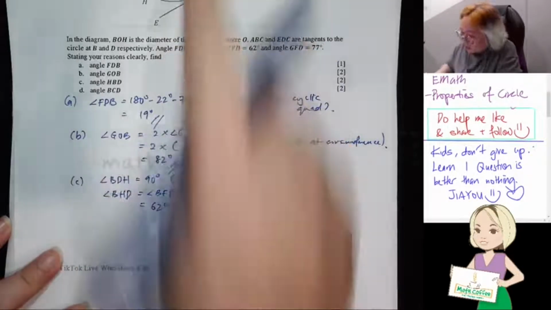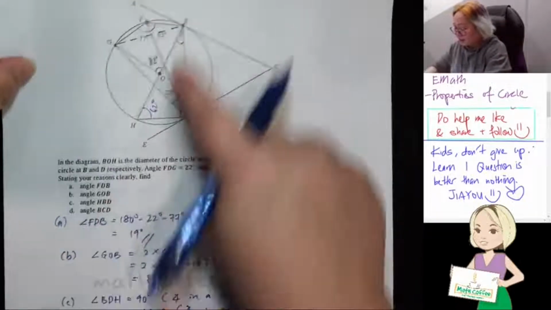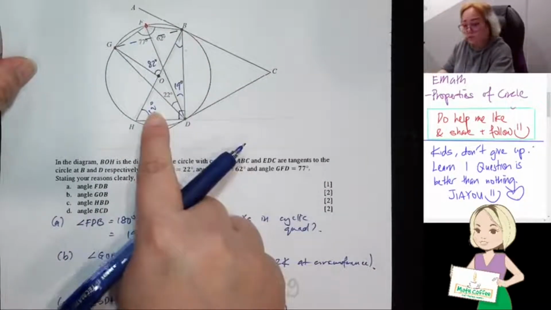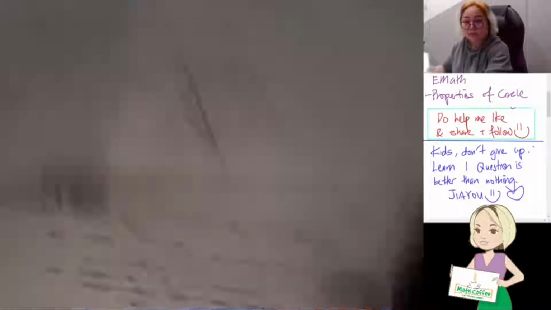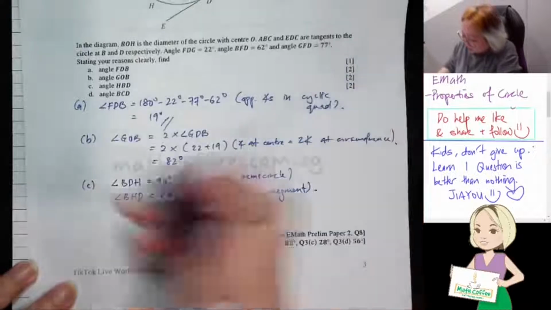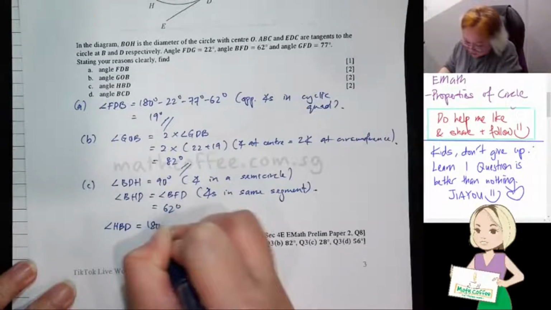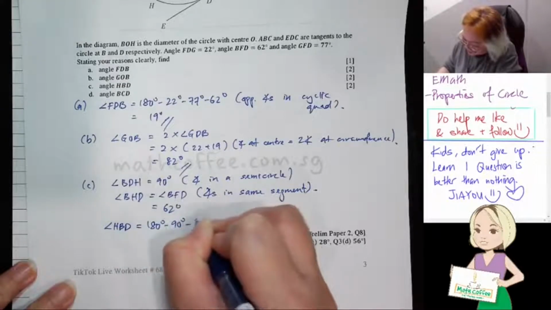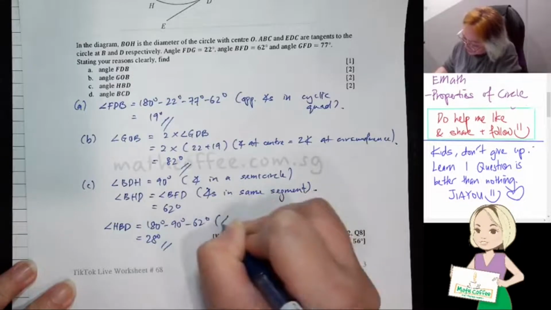So now we can find our angle HBD, which is the one they asked me to find. This is a triangle. I already have 62, I already have 90. So this one simply take 180 minus 62 minus 90. Okay, so angle HBD will be 180 minus 90 minus 62, that gives us 28 degrees. And the reason, angles in a triangle.